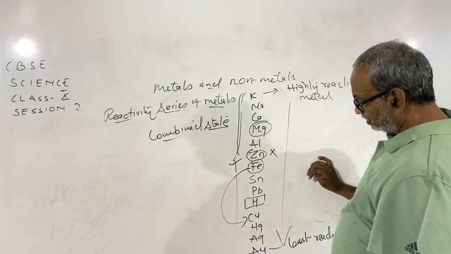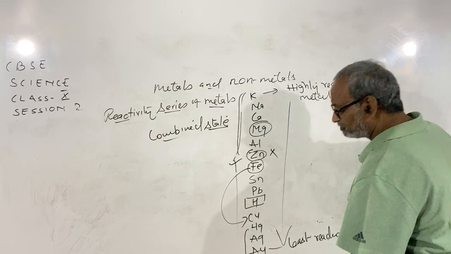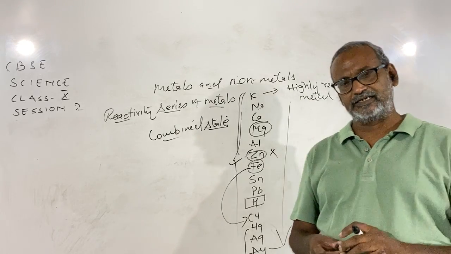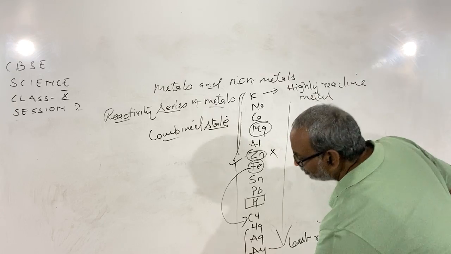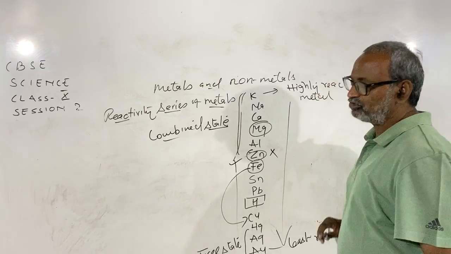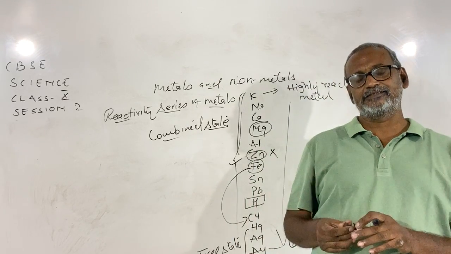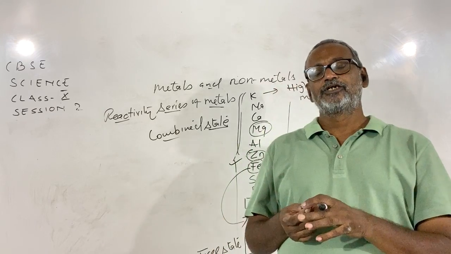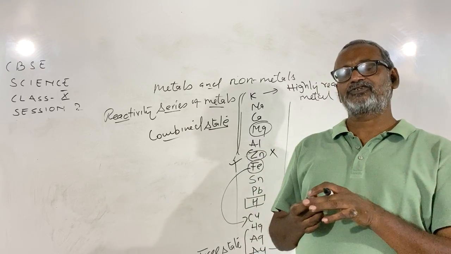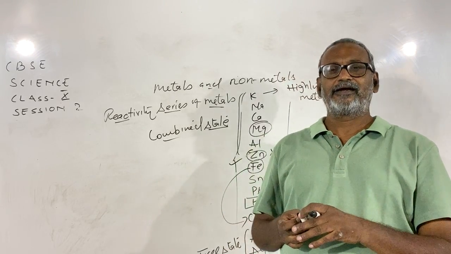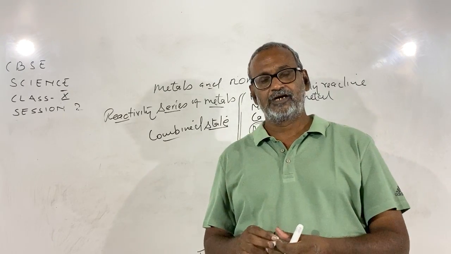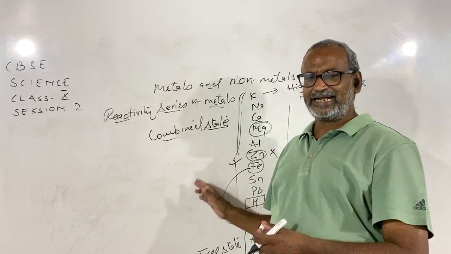Whereas the metals at the bottom of the reactivity series are least reactive. In fact, they are called noble metals and they occur in the free state. So the reactivity series predicts which metals are likely to occur in the combined state and which in the free state. It also gives you an idea of the nature of the ore or minerals from which the metals are extracted.